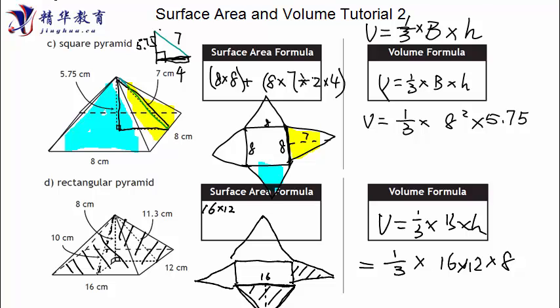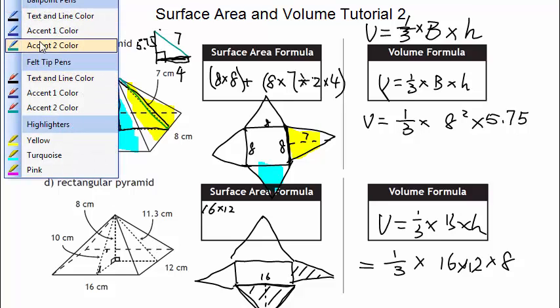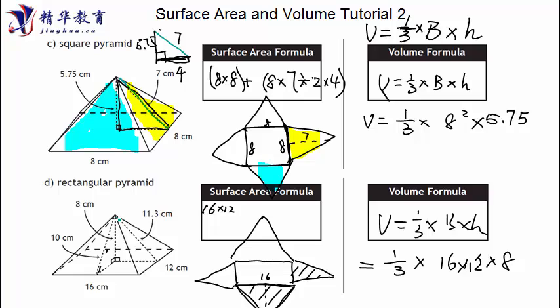Let me clean this up. Okay, so now we're looking for the length of this green line. Okay, this green line equals what? Again, using the Pythagorean theorem, equal to this part and then this part. This green area is a right triangle.